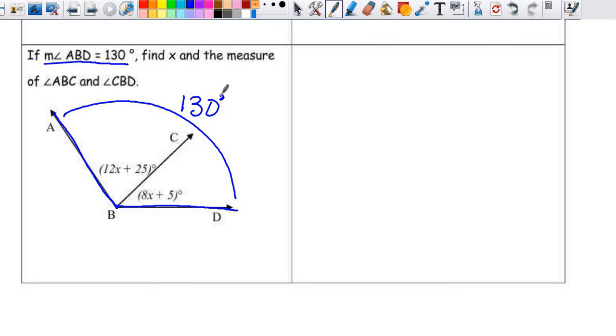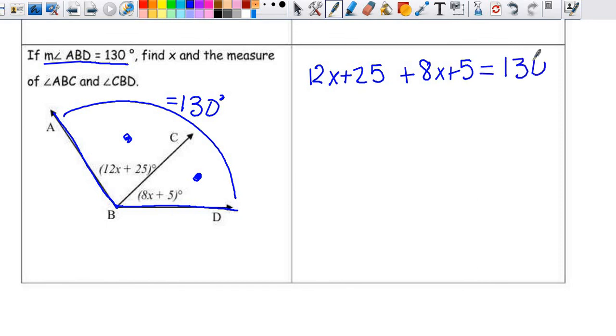So how will we start? We'll take part plus part equals that whole. So 12x plus 25. And then I will add on the 8x plus 5 and set it equal to 130 because that's what it said the whole angle was.